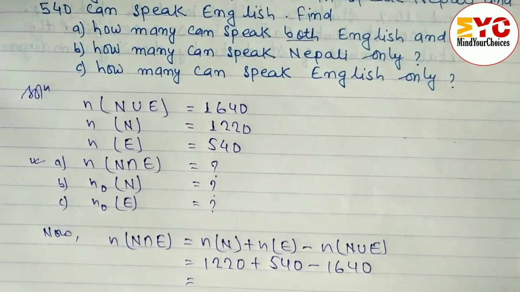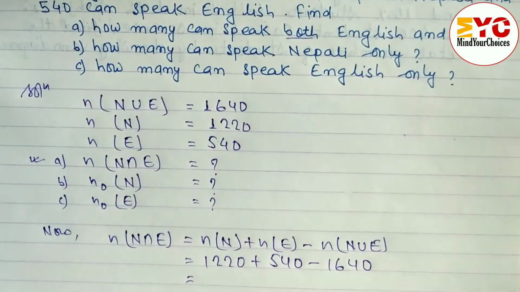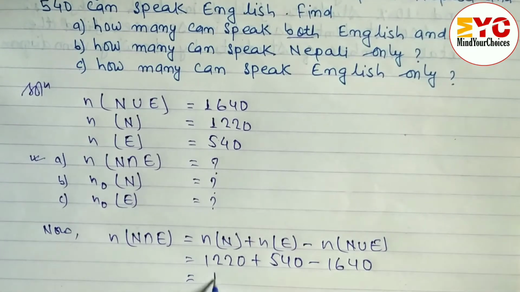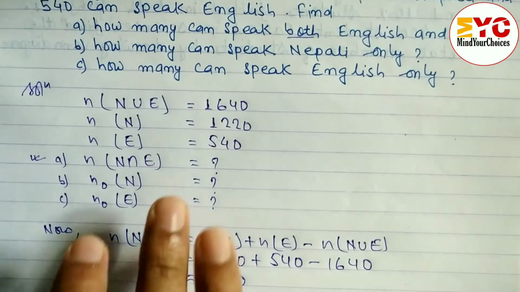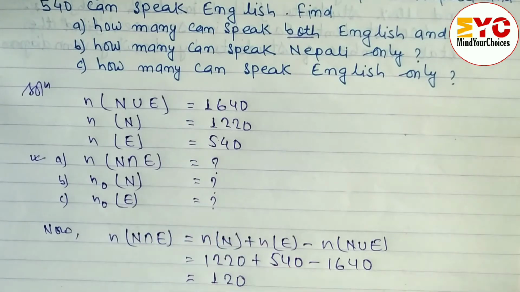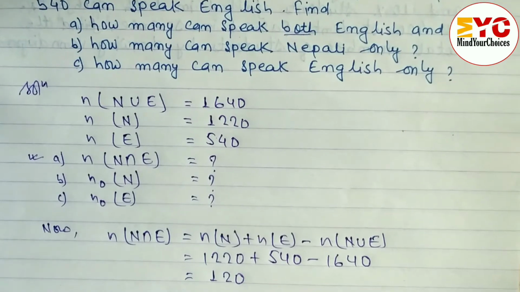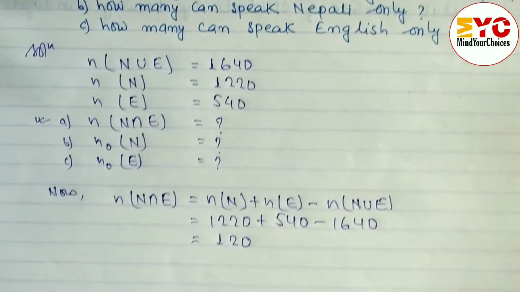When you calculate this, we get 120. If you don't know the formula, you can visit my formula playlist and watch my sets formula video, which is already viral with more than 50k views.